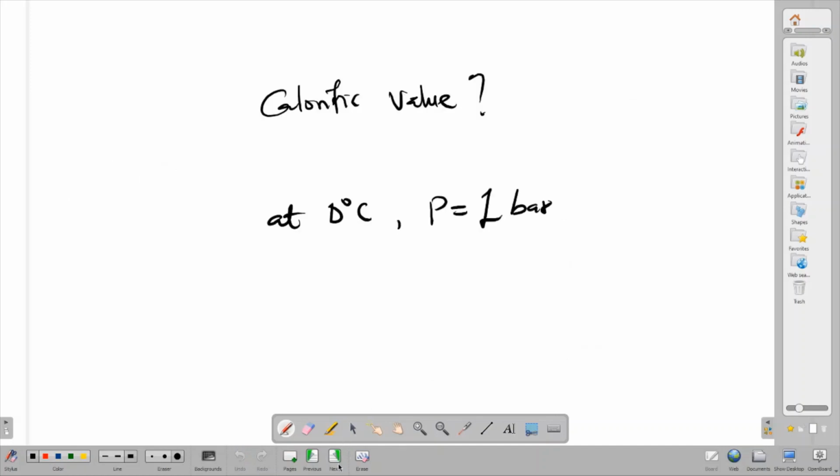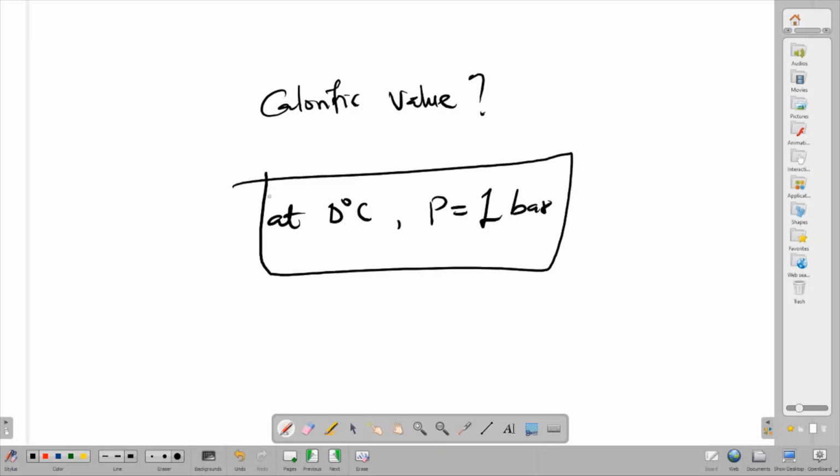I went on to talk about what calorific value is, and I said the calorific value of the fuel is the quantity of heat produced by the fuel through its combustion at a constant pressure and standard conditions such as 0 degrees Celsius and a pressure of 1 bar.